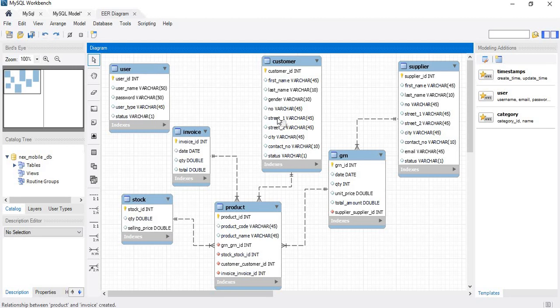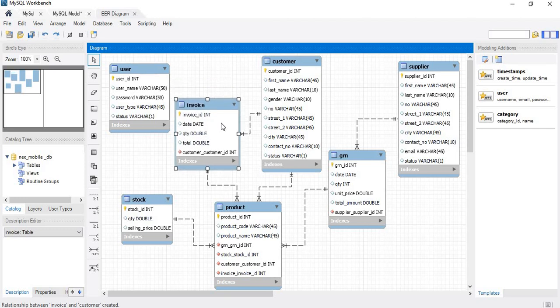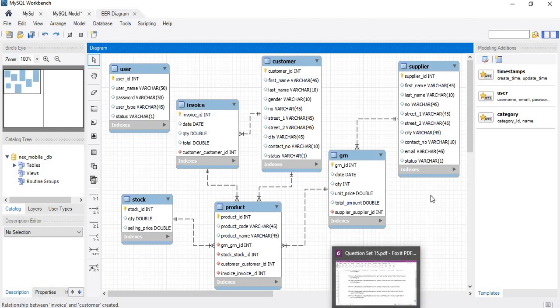So it's a one-to-many relationship, where the invoice table is many. I'll create a non-identifying relationship. The invoice table is many and the customer table is one. So I have created the relationship between the invoice table and customer table.